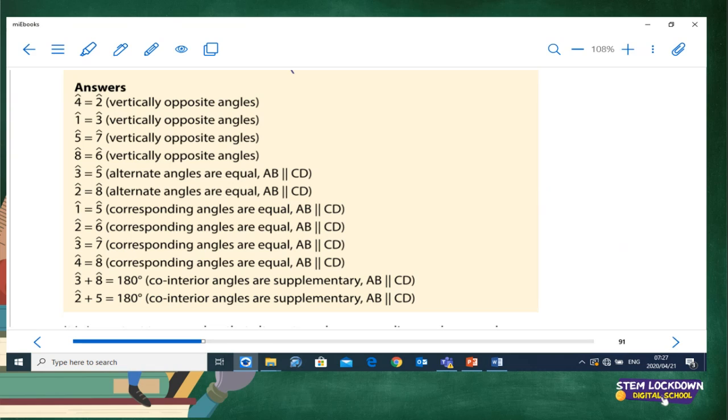And of course, angle 1 is equal to angle 3, and angle 5 is equal to angle 7. And those are vertical opposite angles. And of course, angle 8 is also equal to angle 6.